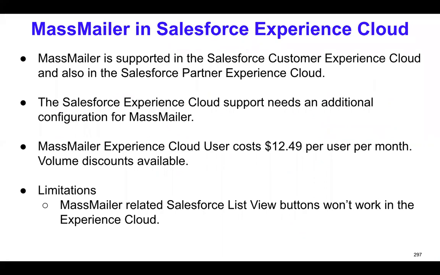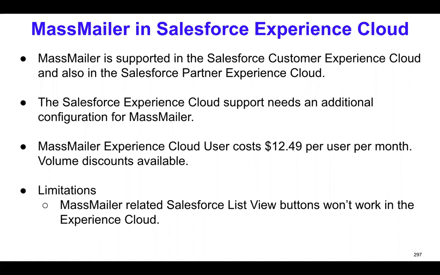And why would anybody want to do this? Because it all depends on your use case scenario, and what kind of license you're providing to your users. Do they have a full CRM license, or maybe just the platform license, or the community portal license, which is the Experience Cloud user license?